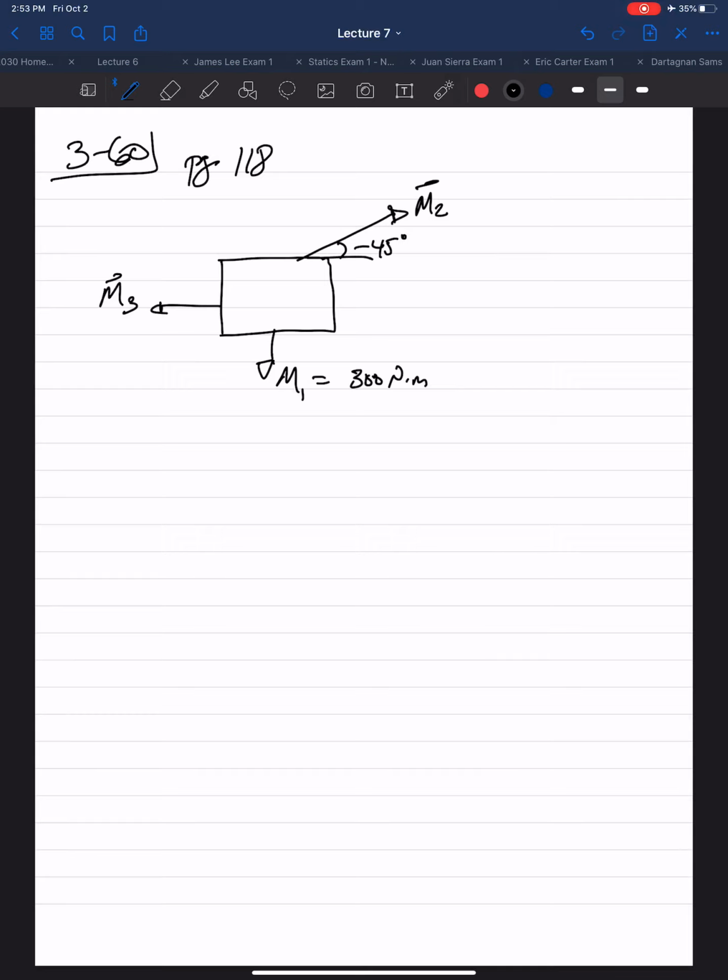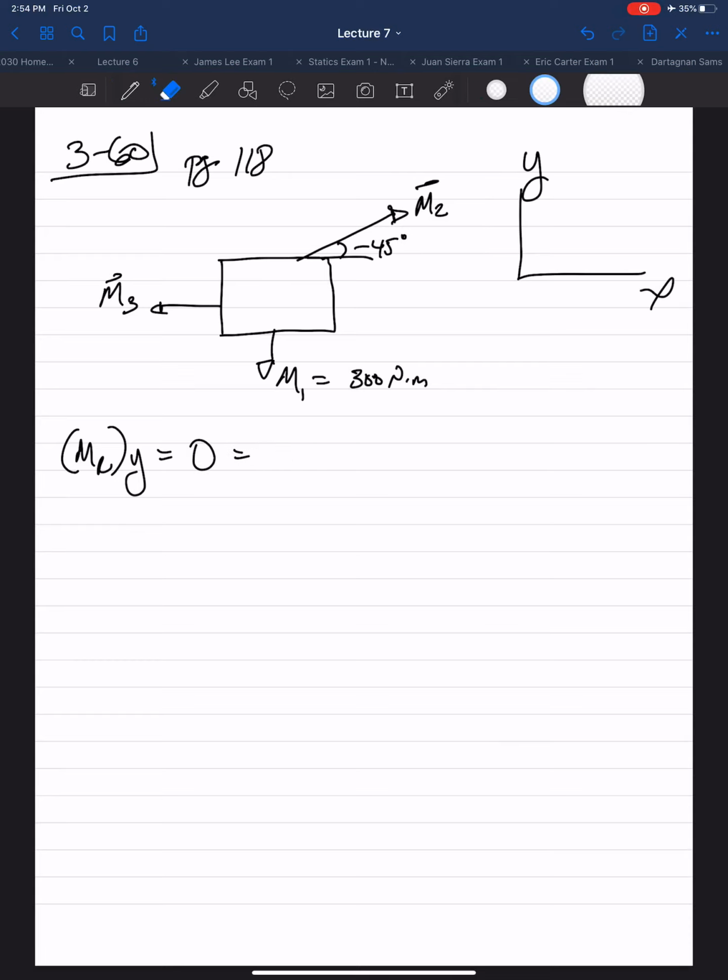So the resultant of all these couple moments has to be 0. Well, let's make our axes. Two-dimensional space, y is up, vertical, x-axis horizontal. So let's work M1 and M2. My resultant couple moment in the y direction has to be 0 as well. That's a sum of all my moments in the y direction.